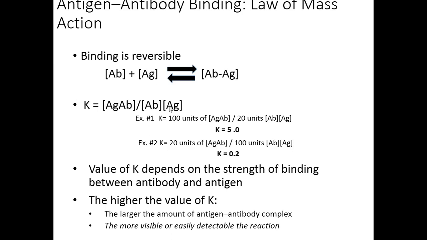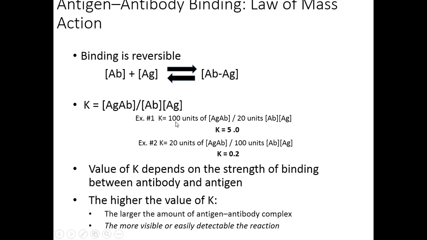So this is where we're at. I know this is a little funky, but stick with me. I'm giving you two examples where we're going to look at the calculation of K, the constant, which represents the difference between either binding or dissociating of this reaction, okay?